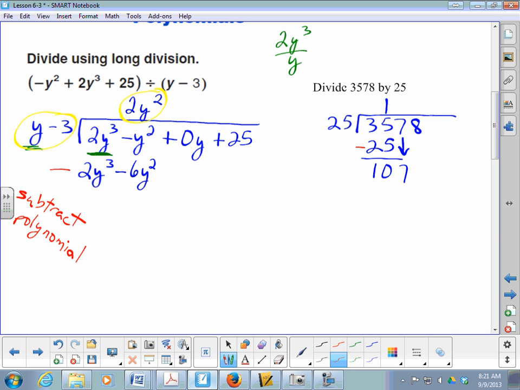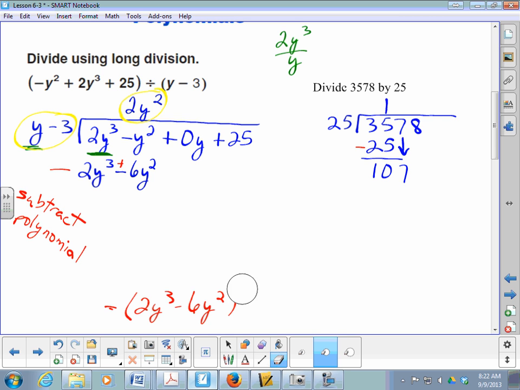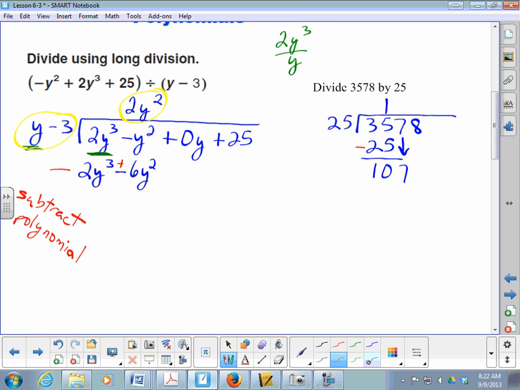Remember, because we would say subtracting that quantity, right? Which means when I distribute that negative sign, it changes this 2y cubed to a minus and the 6y squared to a positive. So this becomes a negative and that becomes a positive. So we get 2y cubed minus 2y cubed is 0. And negative y squared plus 6y squared is 5y squared.